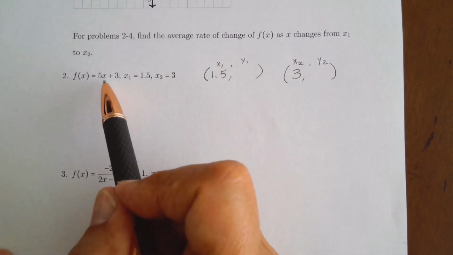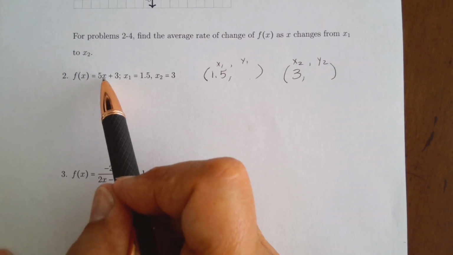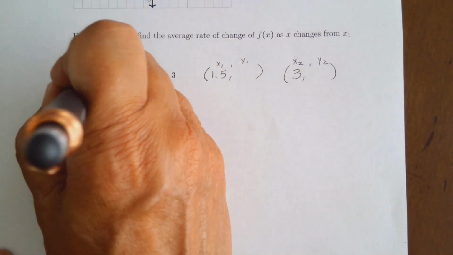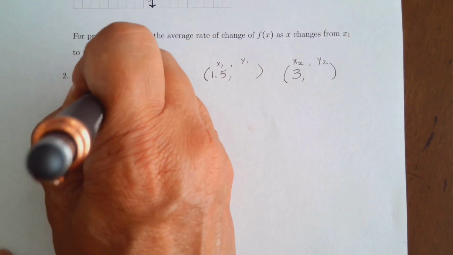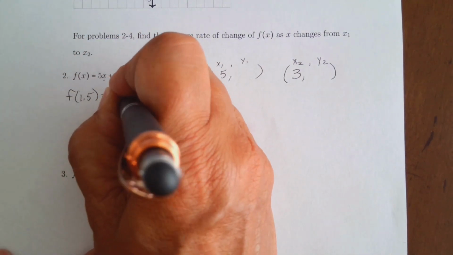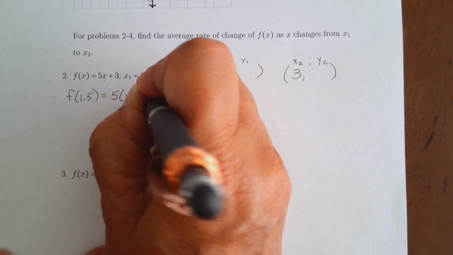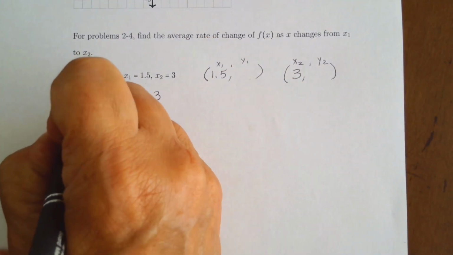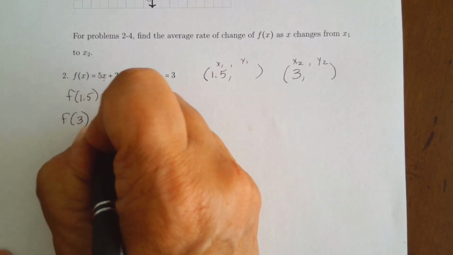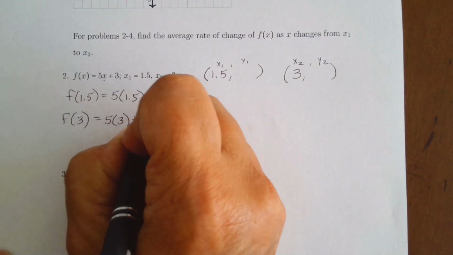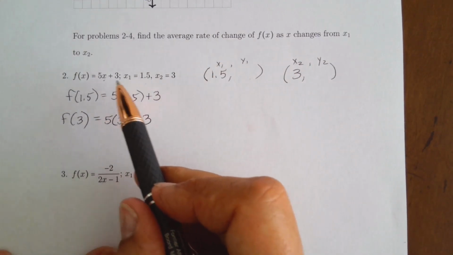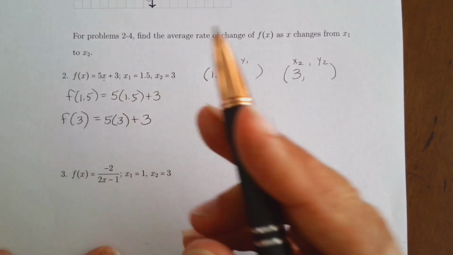So unlike the first one, where we already knew these 4 numbers, we have to find these numbers. But they gave you a function, so all we have to do is put the x values in here and solve for y. So I'm going to do f of 1.5, which would be 5 times 1.5 plus 3. And then I'm going to do f of 3, 5 times 3 plus 3. It's very easy to find the y values in a function. You just plug in the x value you're given and find y.